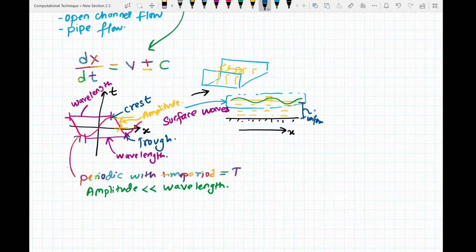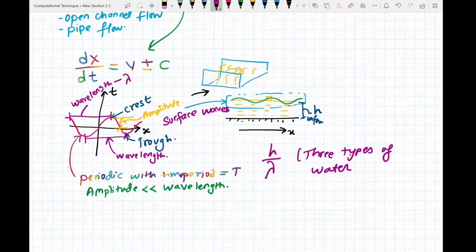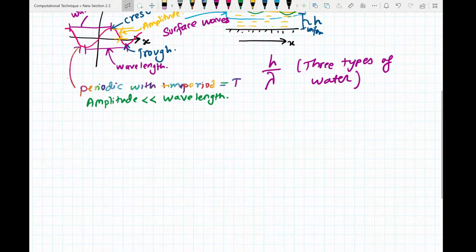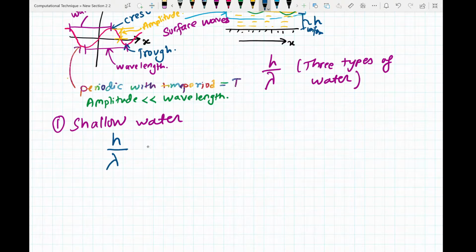If we consider your depth to be h and your wavelength to be lambda, then based on the ratio of depth by wavelength, you have three types of waters. The first type is shallow water. In this case, your depth by wavelength ratio is less than 1/20.